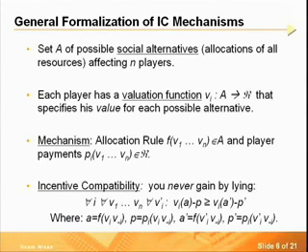And now, what does the mechanism do? It does two things. Given the inputs of the players, which are now completely encapsulated by these valuation functions. Usually you won't actually send the valuation function, but only the private parameters that specify it. But mathematically speaking, we get these valuations.